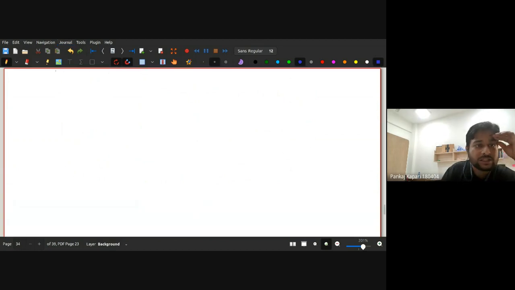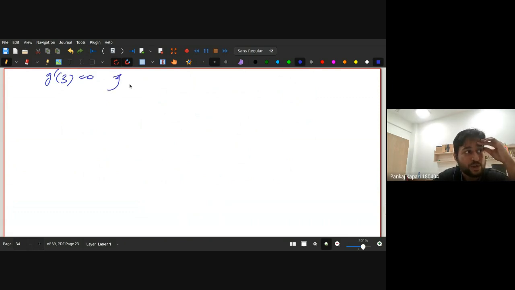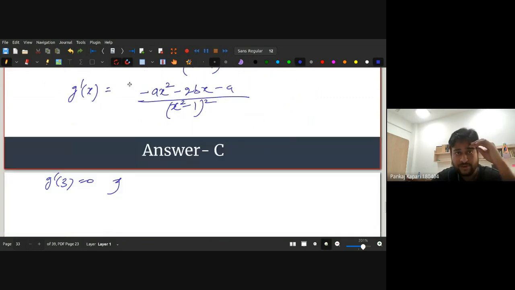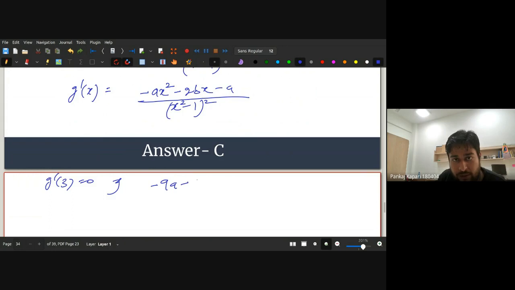Okay, now since 3 is an extreme value, that means g prime of 3 is 0, and that will imply that... So what we will do, we will just put 3 in this derivative. So what we will have, minus 9a minus 6b and minus a, and so it doesn't matter what is in the denominator, because ultimately this is 0.